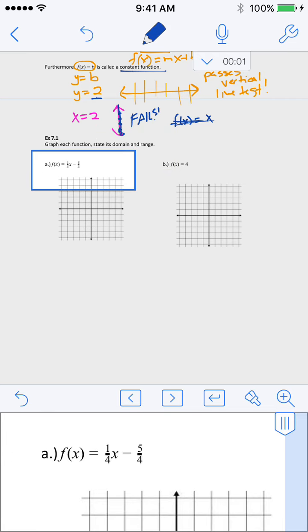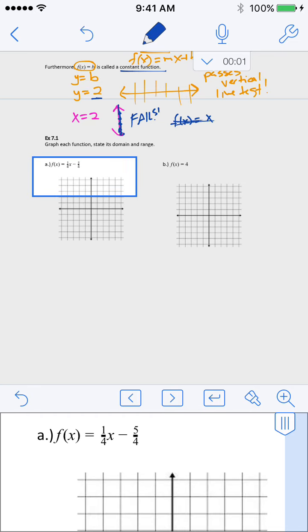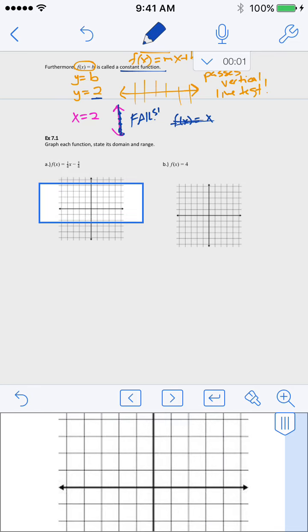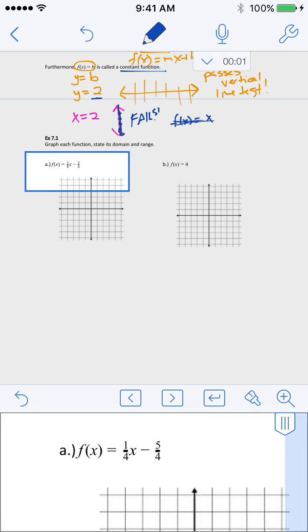Let's graph this guy. You'd think graphing a function is a whole different process that I have to memorize. No, it's exactly the same thing as graphing an equation. So let's just graph it. I've got 1/4 x minus 5/4.